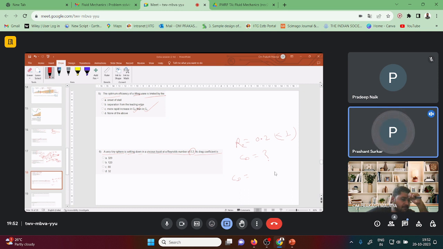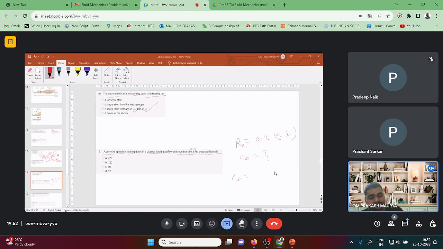So my question is, if the situation is like that, whether the particle which comes into contact with that surface will remain as it is forever till the flow is there, or it will change its place as time lapses. Okay, I am getting your doubt. I will explain. Before that, remember the formula of this question, question number six.